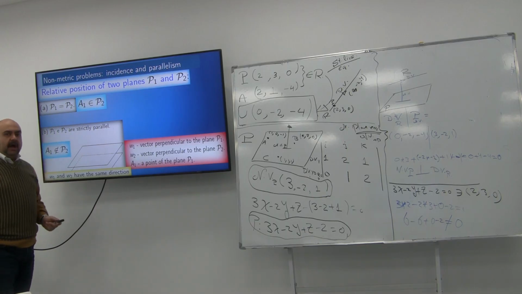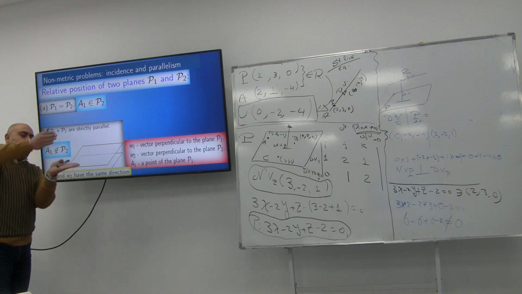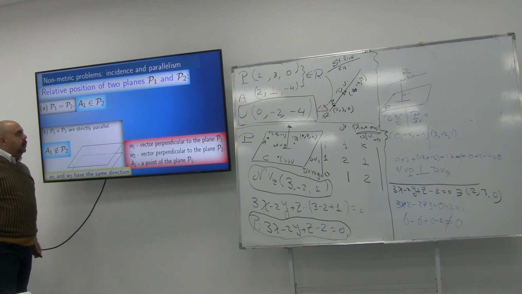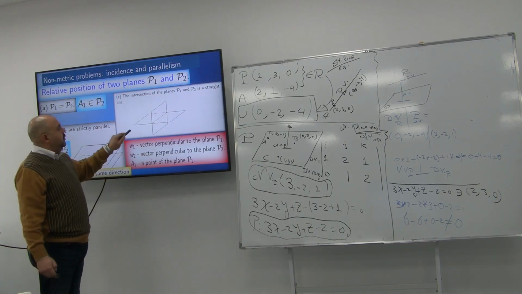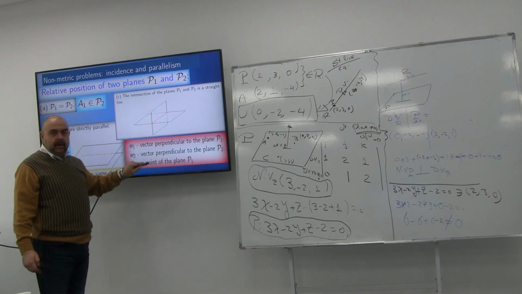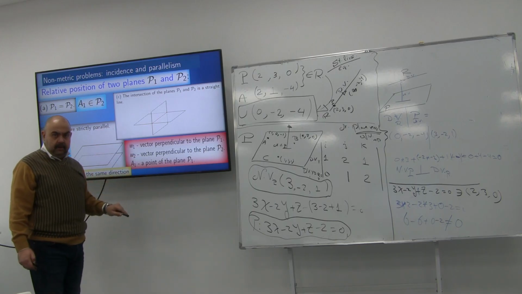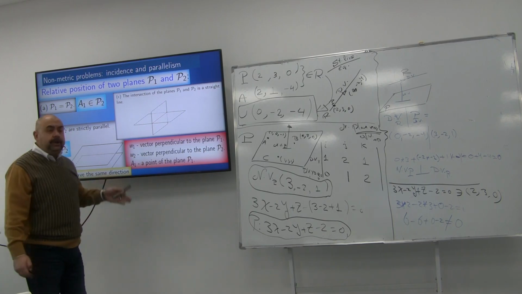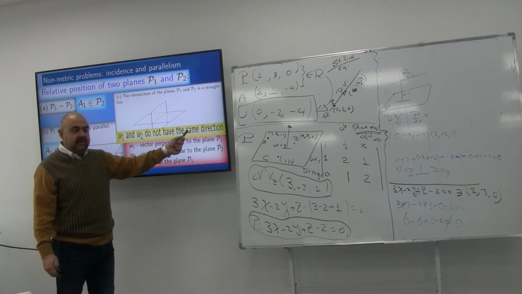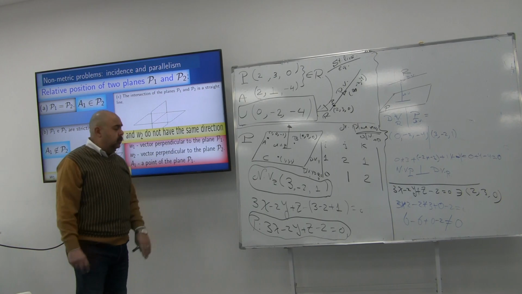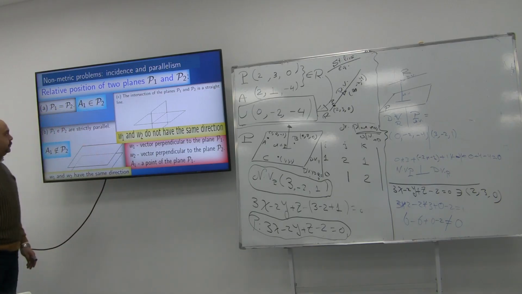For the other case, that these 2 planes are intersecting: for 2 planes to be intersecting, their normal vectors are not going to be the same. So there is no ratio between them. So W1, W2 don't have the same direction, so they will intersect each other.